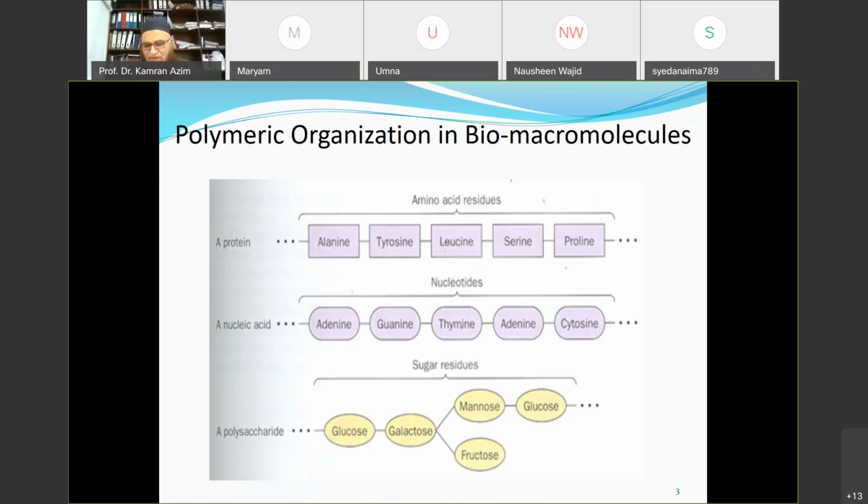Proteins are polymers of amino acids, nucleic acids are polymers of nucleotides, and polysaccharides are polymers of simple sugars, small organic compounds. So the polymeric organization is an important aspect in the structural and functional characteristics of the biomolecules.